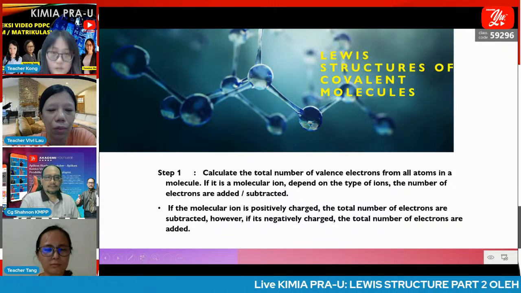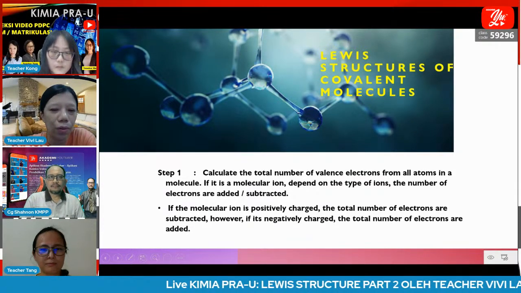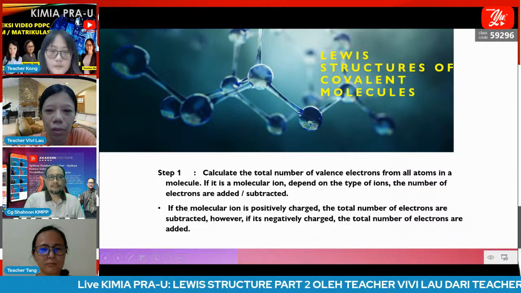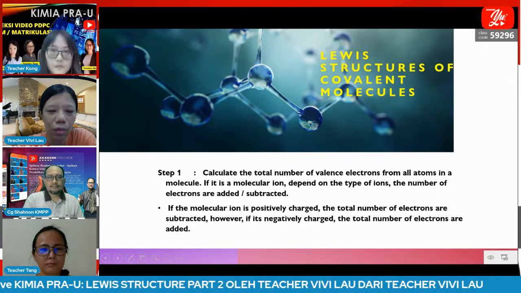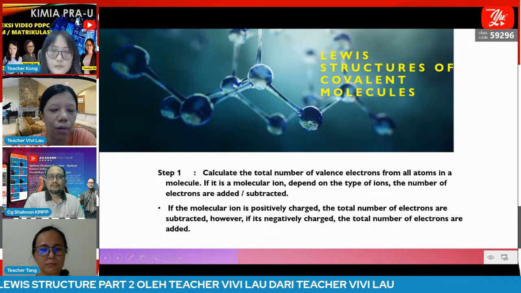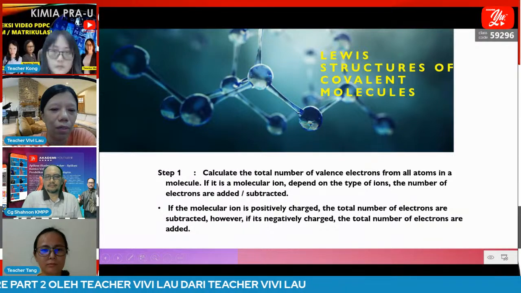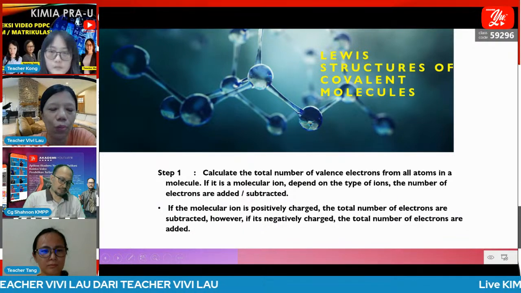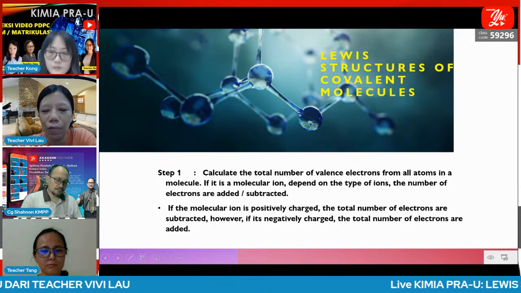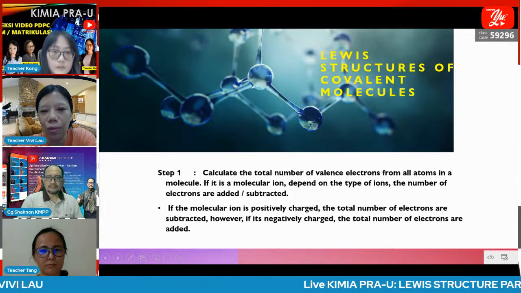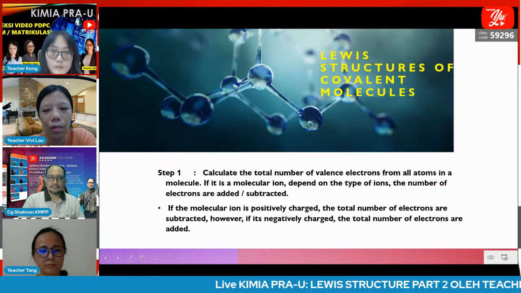If it's a molecular ion, let's say with a positive charge, the total number must be subtracted. Let's say the ion is 1 positive, you have to subtract by 1. However, if it's a negatively charged ion, then you have to add electrons.